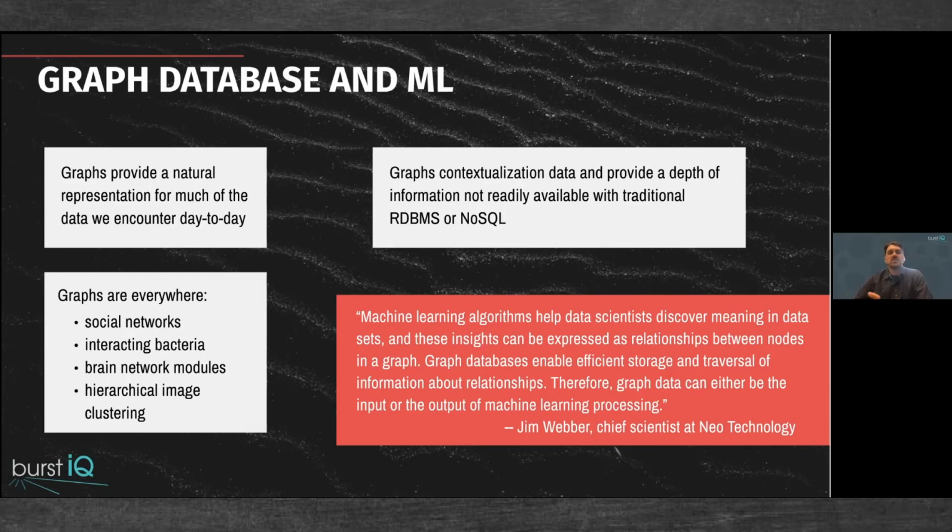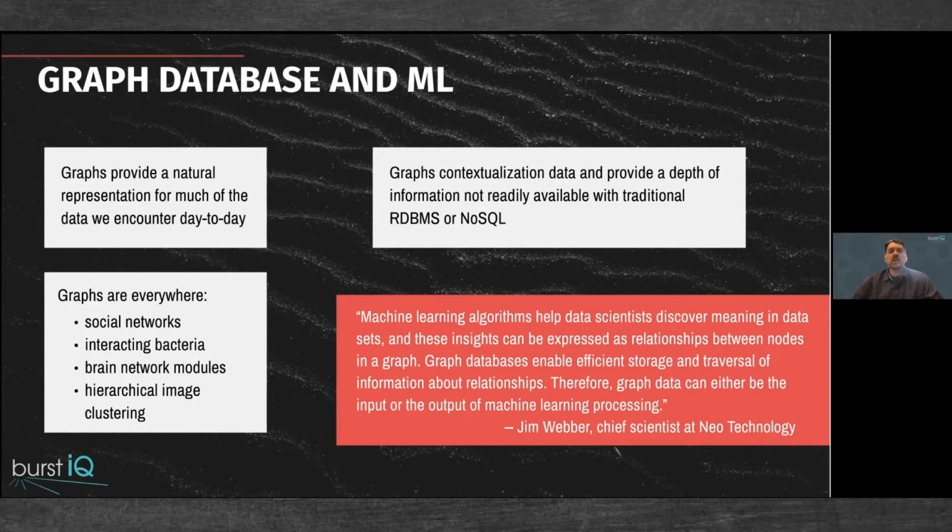Let's talk about contextual data again, because that's really what adds another set of value to data. As we all know, people have talked about data being the new oil, the new petroleum. It's got inherent value. Context just adds to that value set and opens up a new doorway for us. Finally, I like this quote by Jim Webber. Neo Technology is actually the company that makes Neo4j, that graph database I referred to before.